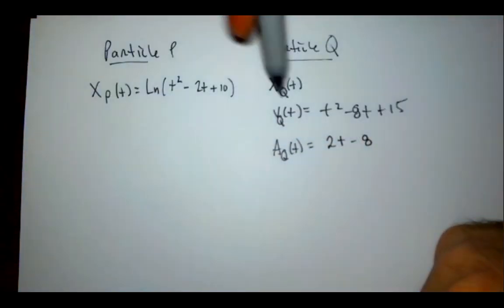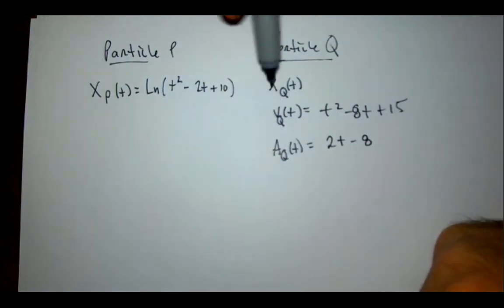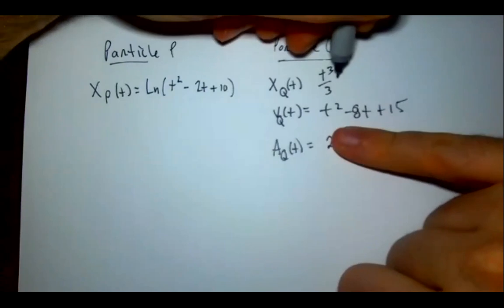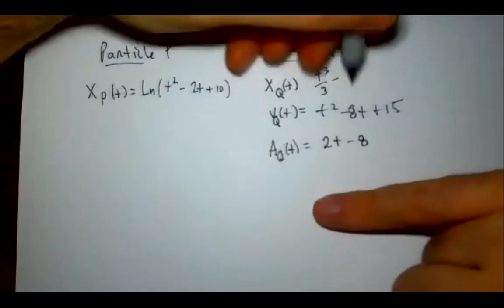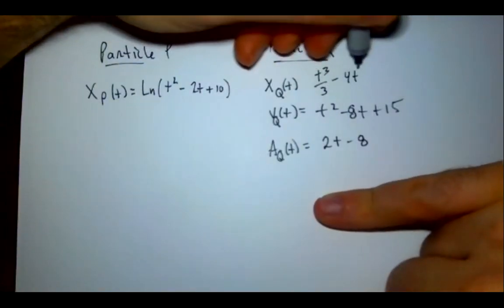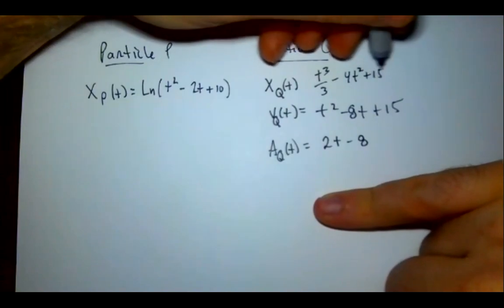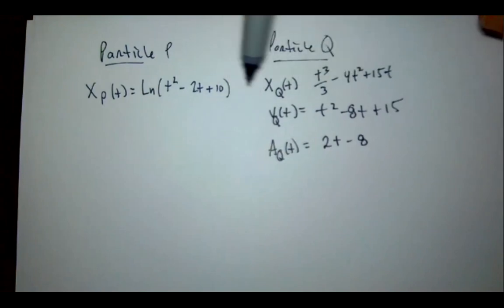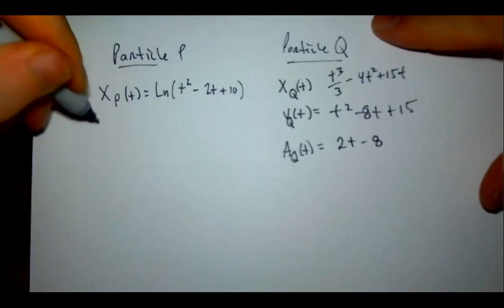If I want the position, I should integrate. So that would be T to the third over 3 minus 8T squared over 2, so 4T squared plus 15T. Who knows if that's going to be used or not, but I'm just getting some ideas out there.